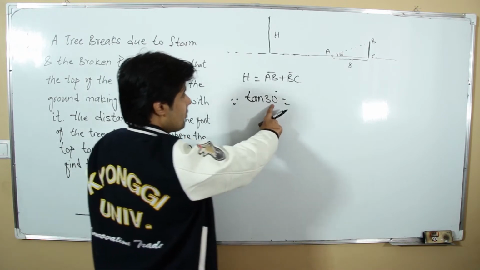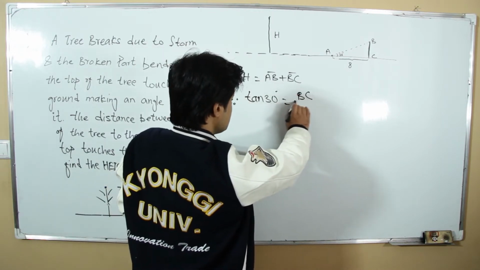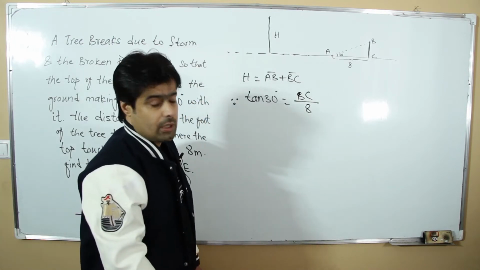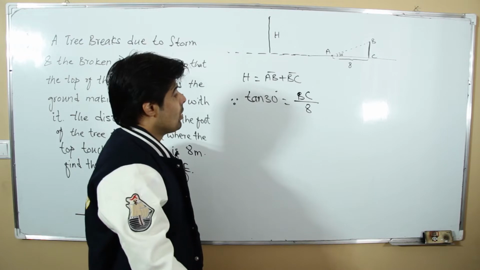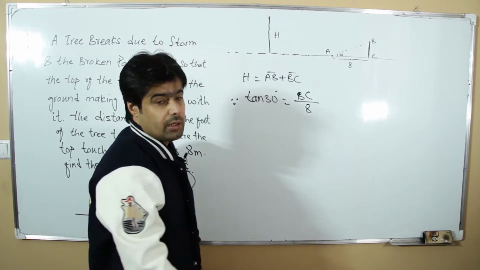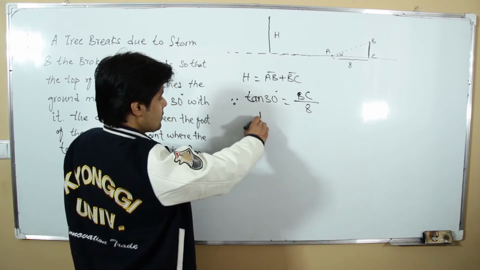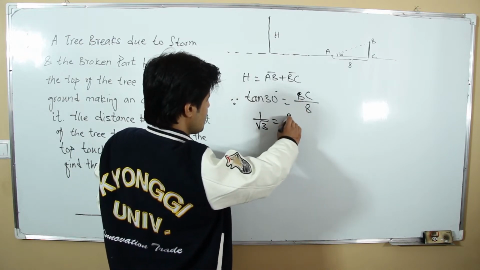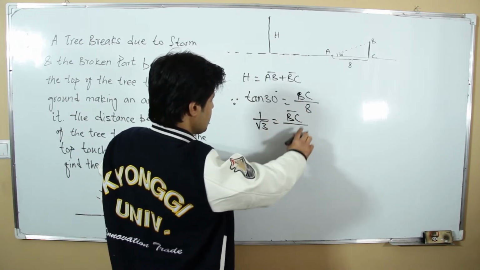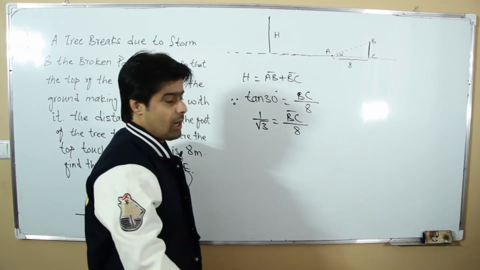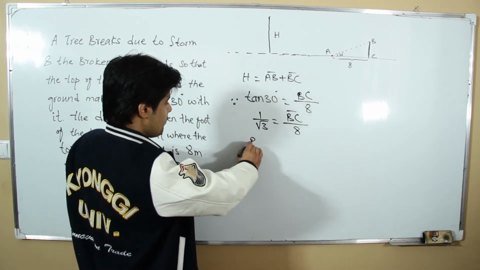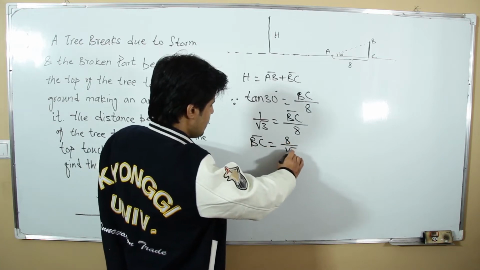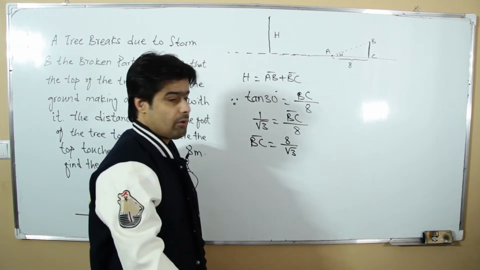Tangent of 30 degrees is BC upon 8. Am I right or not? Yes, definitely. Now, tangent 30 degrees is 1 divided by root 3, equal to BC, which we don't know, divided by 8. Now you have to solve for BC. BC is 8 divided by root 3. Am I right or not?